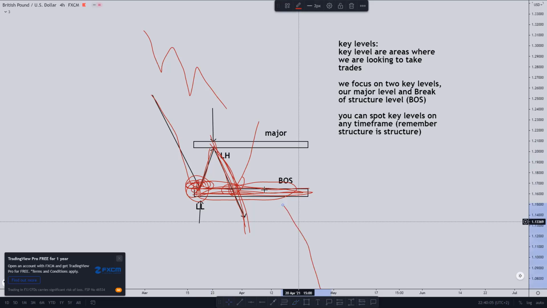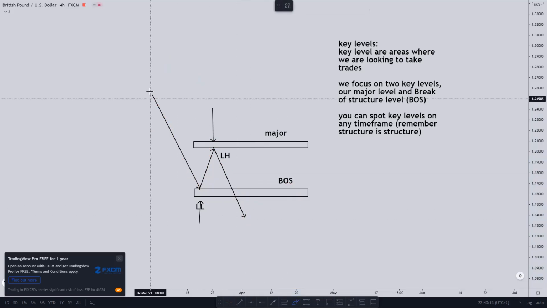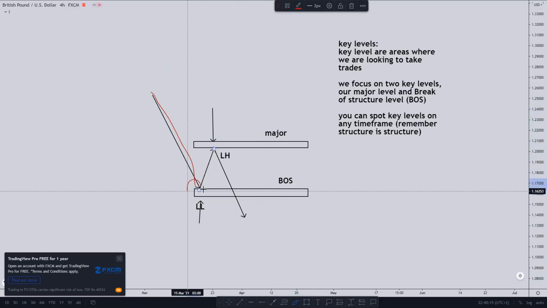Let me just quickly make this nice. Okay, cool. So price pushes down, gives us a lower low, and then this becomes a level, and then price pushes up, gives us a lower high, and now this becomes a level also, right?